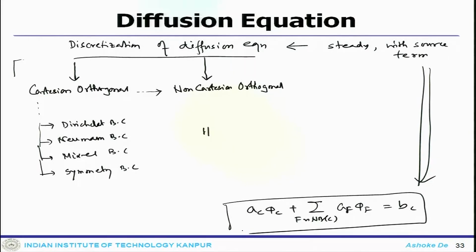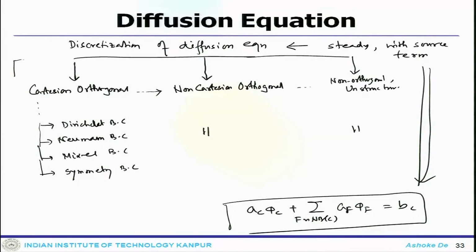So, when you talk about the non-orthogonal, we have done that. Then finally, we got to non-orthogonal unstructured. Here also we have done a detailed discussion of the implementation of the boundary condition.